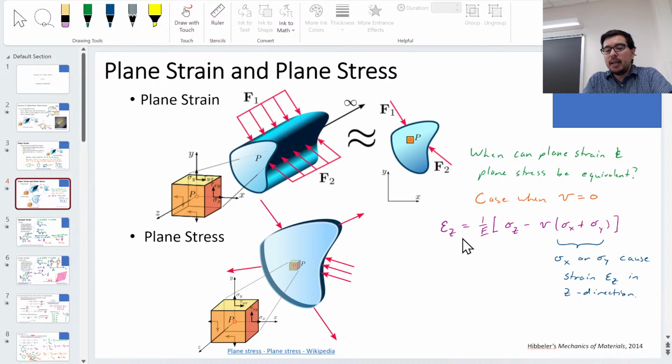We've just been given that, right? We said G is equal to E over quantity 2 times quantity 1 plus nu. That actually comes up again in this session. But something to keep in mind is that when we're looking at just the normal strains, we do have this dependence on stresses in the orthogonal directions, through the Poisson ratio.